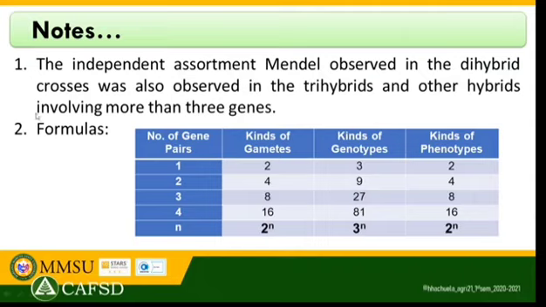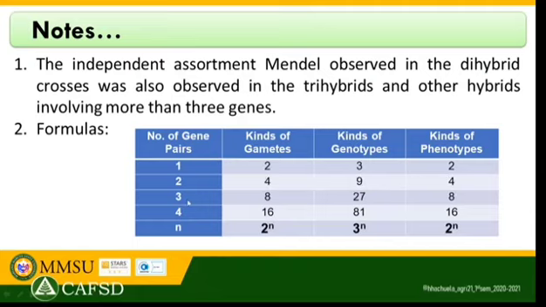Okay? So please practice how to compute for phenotypic and genotypic ratios using the Punnett square and the branching method. Okay? So again, these are the formulas for determining how many gametes an individual produces, and the kinds of genotypes as well as phenotypes. If there are 2 pairs of genes, we have 4 gametes and 9 genotypes but 4 phenotypes.